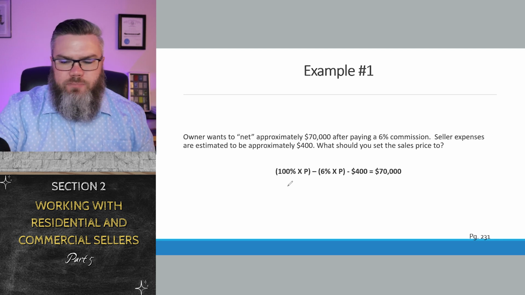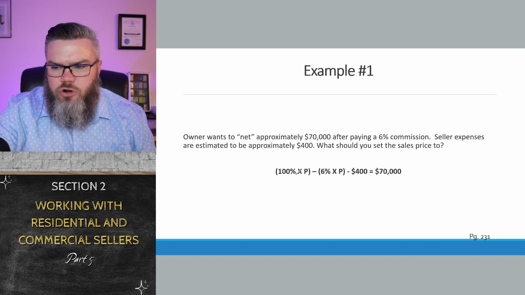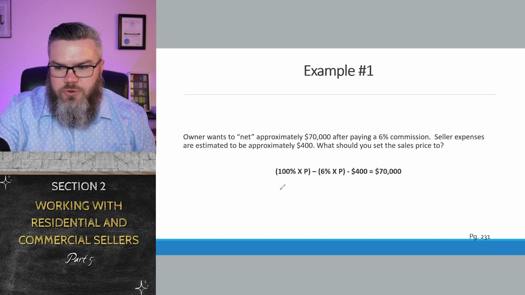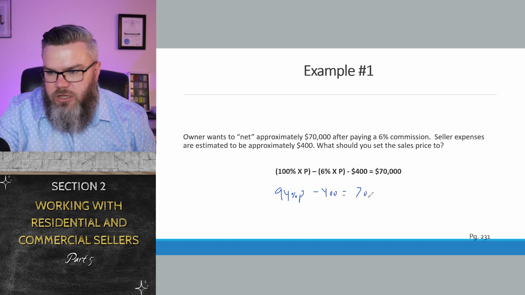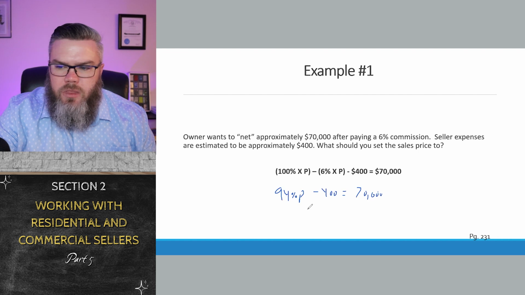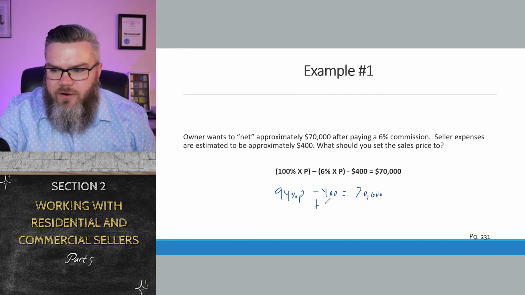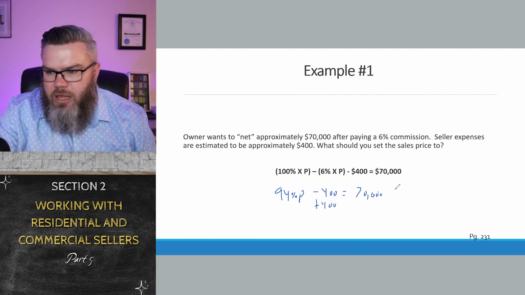So let's just break down the hardest part first, okay? 100% of P minus 6% of P, because if you multiply 100% and 6%, it's like saying 94% of P, minus $400 equals 70,000 still. Okay, well, let's get this moved over. Add 400 to this side, add 400 to this side.